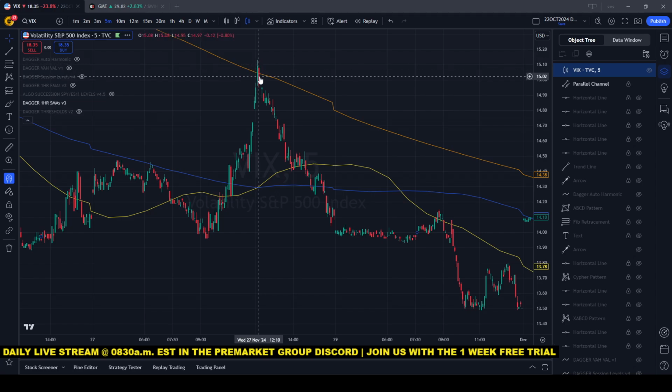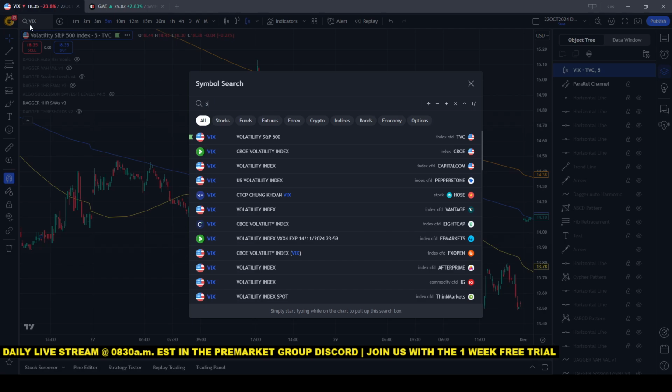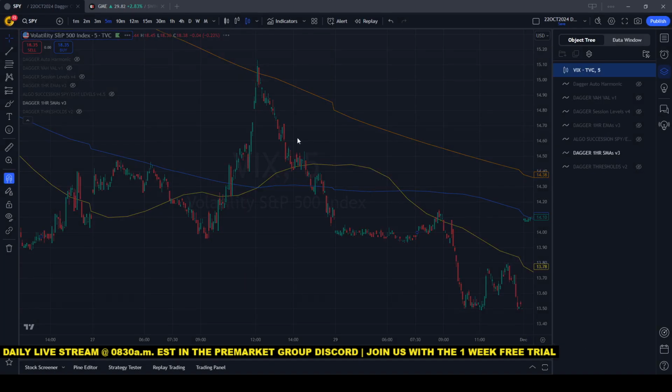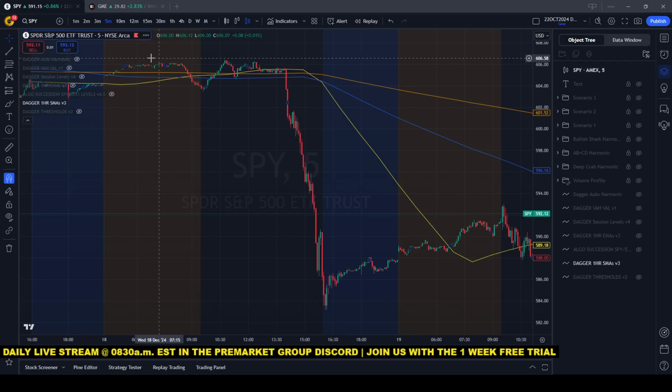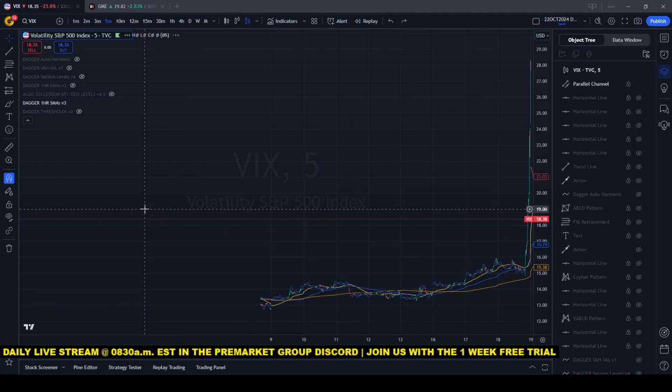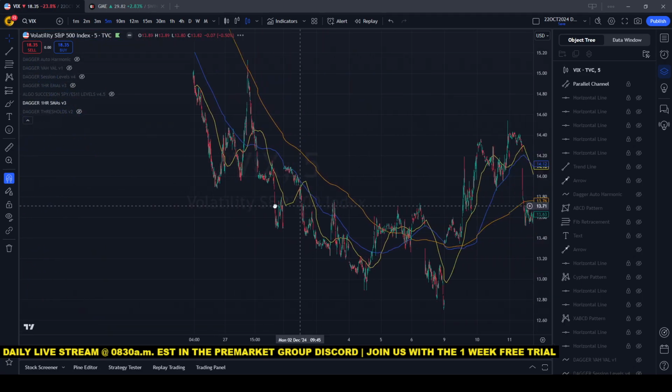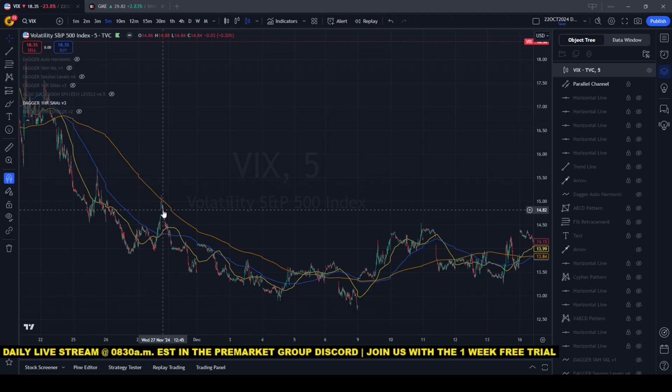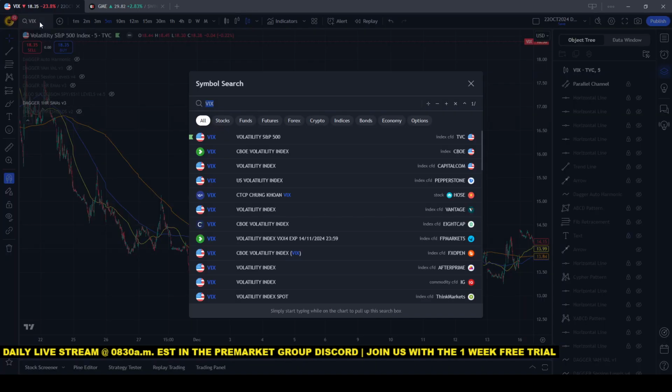And when it does, keyword when it does, if you see SPY doing the same thing and bouncing or rejecting off the same 50 SMA as VIX on the same day, then there's a huge reversal risk for the S&P, for SPY. So that day that we were just at on VIX was actually, let me find it here, the 27th of November.